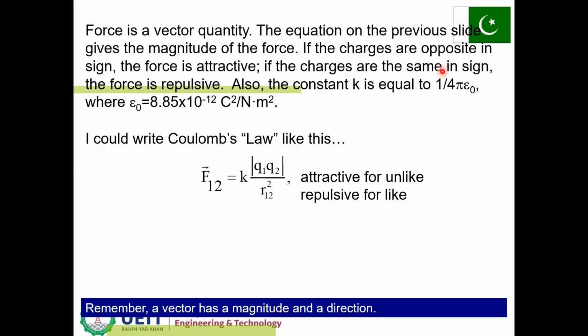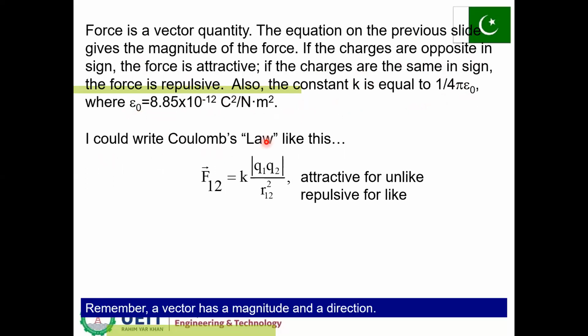If the charges are the same in sign, the force is repulsive. Also, the constant K is equal to 1 over 4 pi epsilon naught. The value of the permittivity of free space, epsilon naught, is 8.85 times 10 to the power minus 12 C squared per newton meter squared.